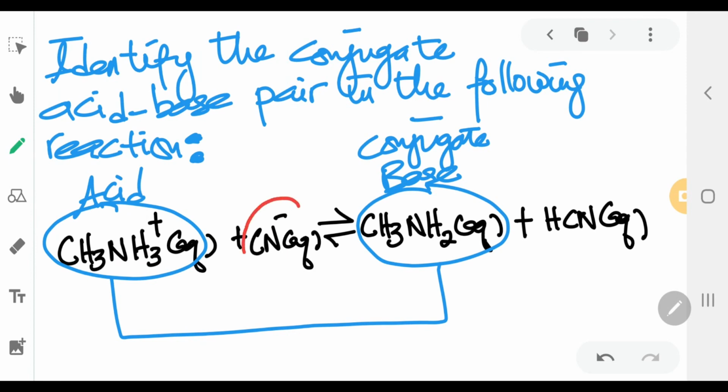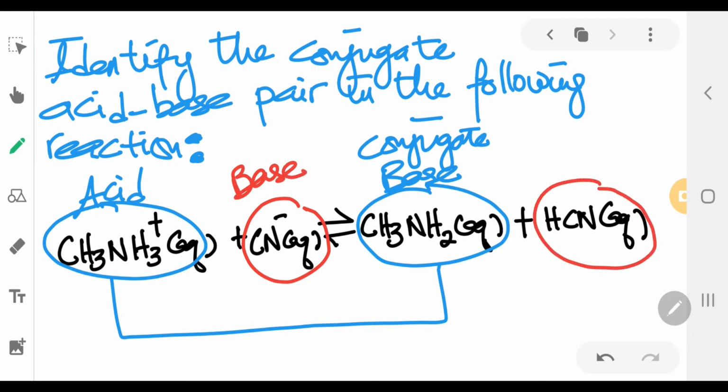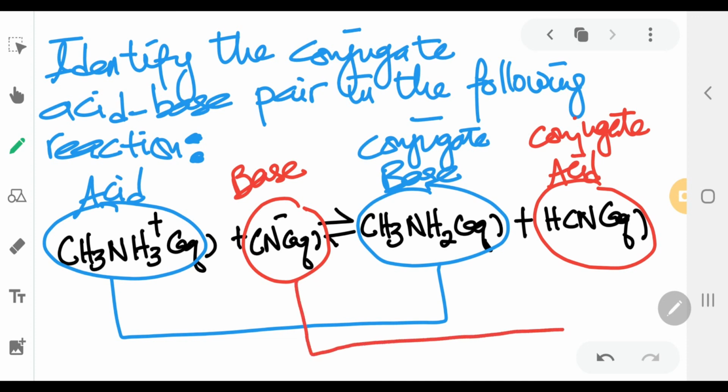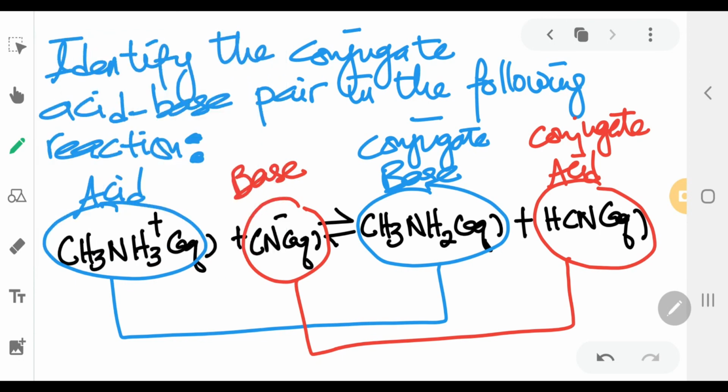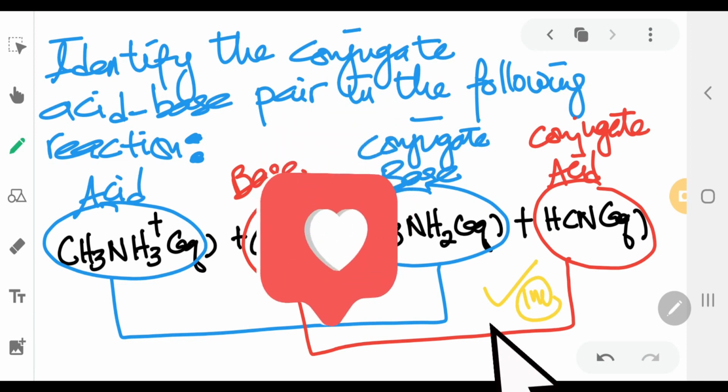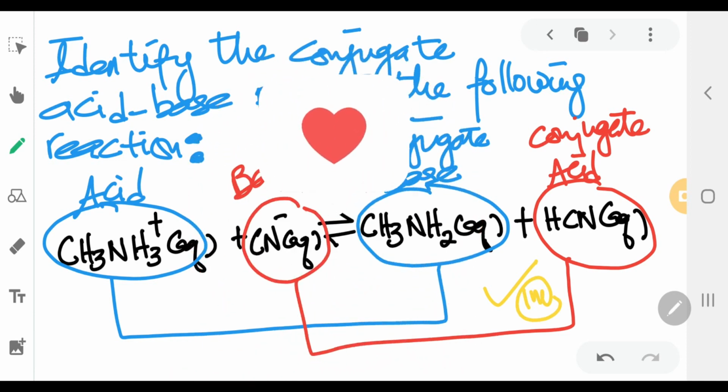Thus, CN minus would be your base, and this will be your conjugate acid. After labeling in this form, you would be able to get 1 mark for identifying the conjugate acid-base pair correctly.